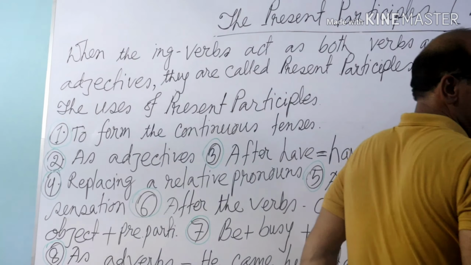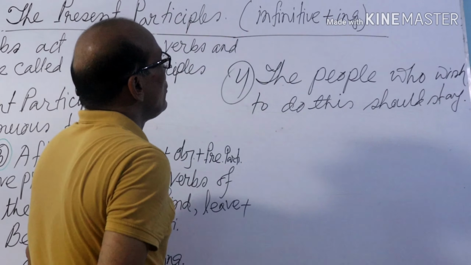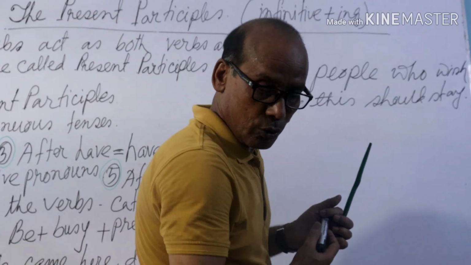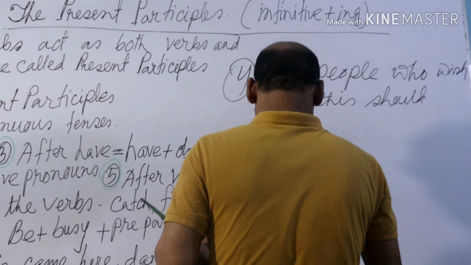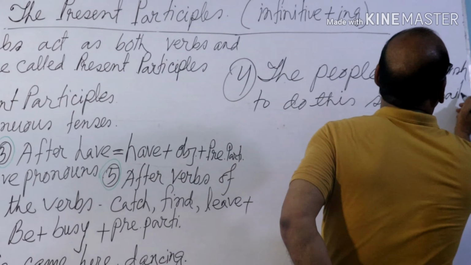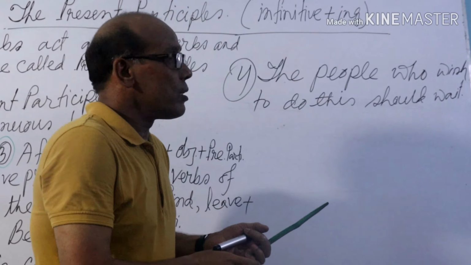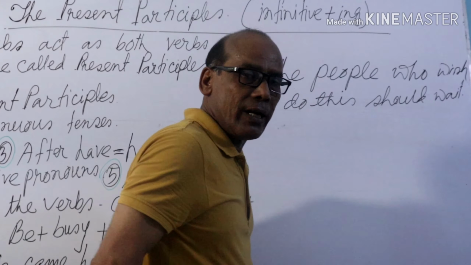Okay, I don't want to add any more words. The people who wish to do this should stay, or should wait. Well, we can use should wait. You see? Dear learners, you see, the people who wish to do this should wait.